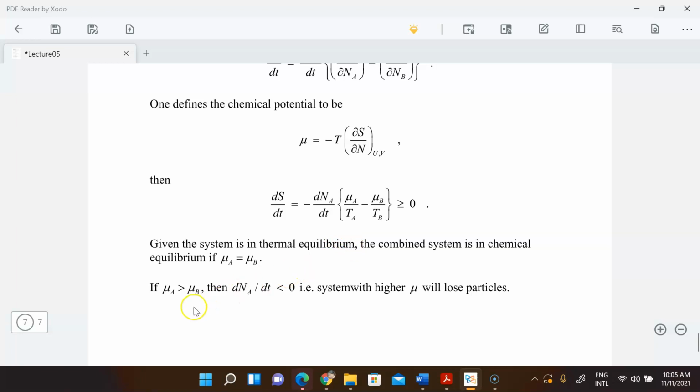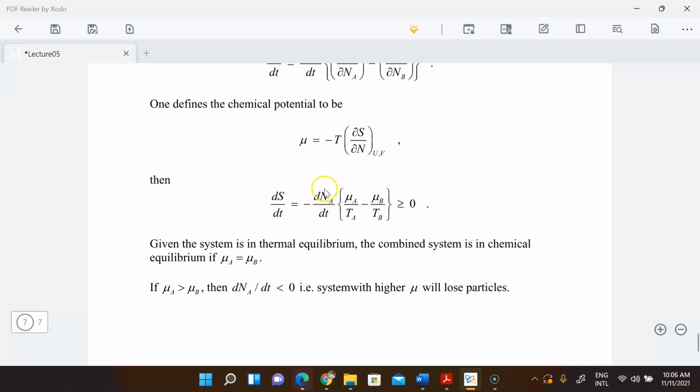If for some reason your chemical potential is bigger in one subsystem than the other, like mu A is greater than mu B, then again the imposition of this to be greater than 0, being positive here, and remember there's a negative sign over here, and mu A greater than mu B is positive.